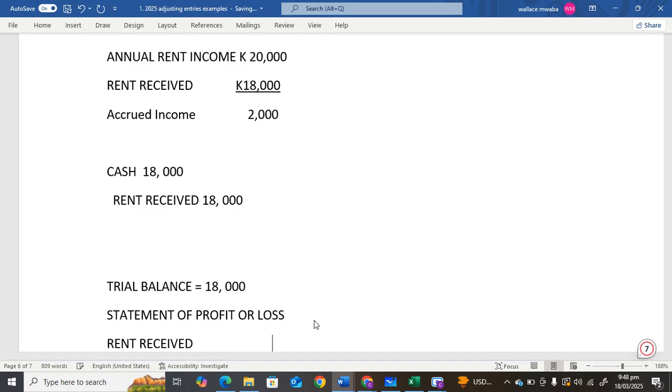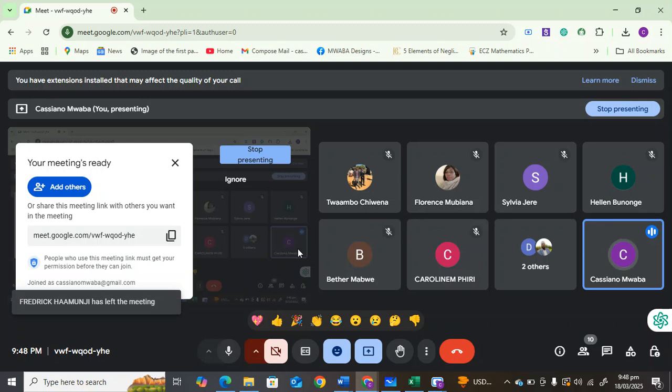We can give it a try. Think of the first journal entry, but this time you're not getting cash. So what will replace cash?